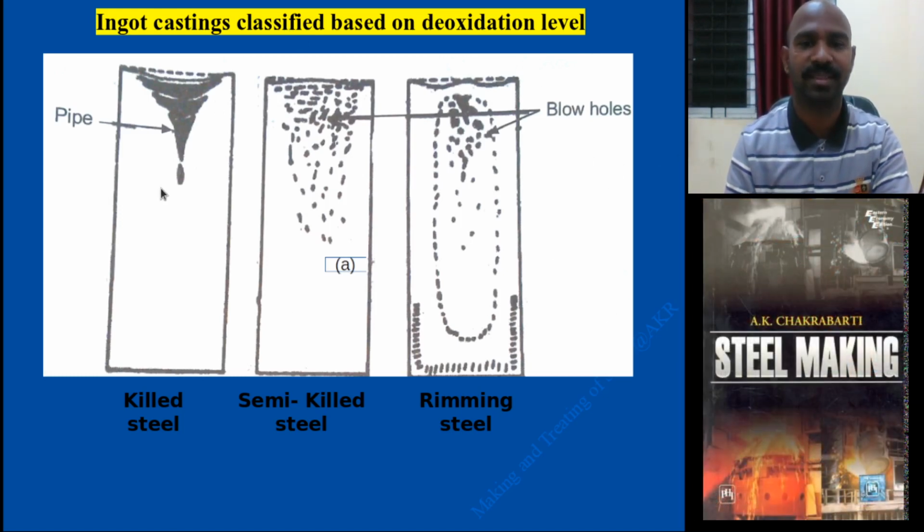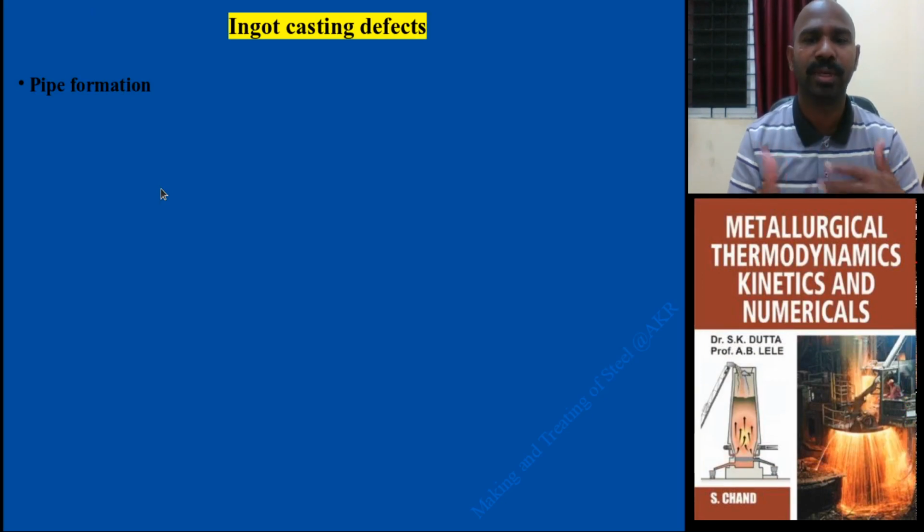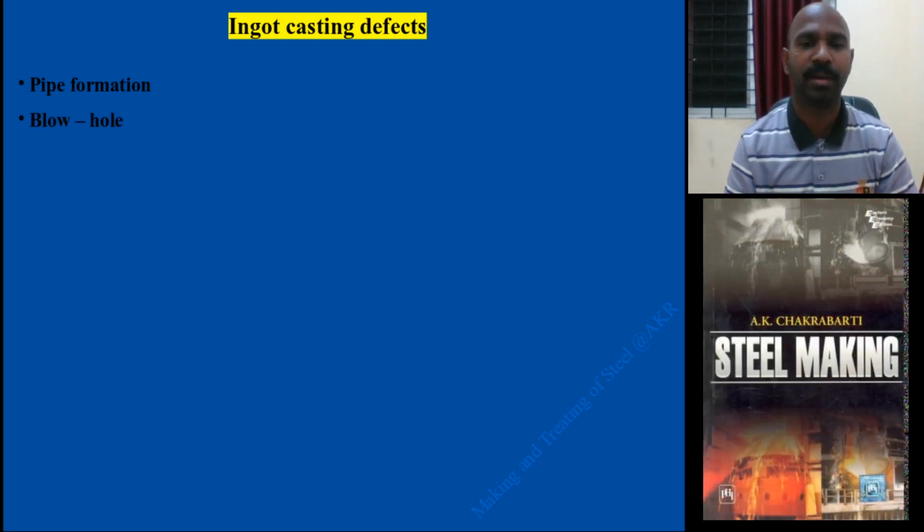Remember these points. Now coming to the conclusion about ingot casting: pipe formation is mainly seen in killed steels, and blowholes are usually observed in semi-killed and rimming steels.